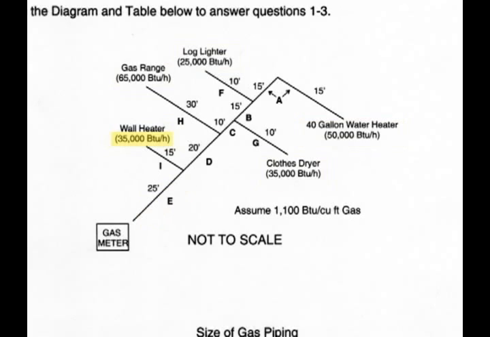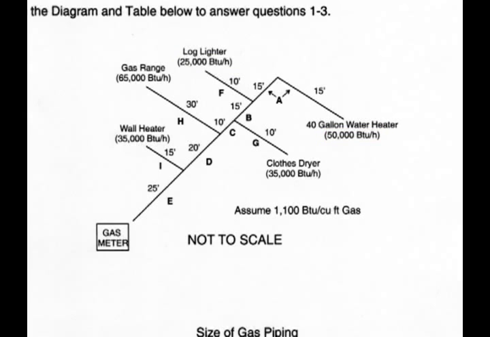We have a wall heater at 35,000 BTU. We have a gas range at 65,000 BTU. To the right, we have a clothes dryer at 35,000 BTU. The next one that we add in is the log lighter at 25,000 BTU. And finally, we finish up with the water heater at 50,000 BTU.